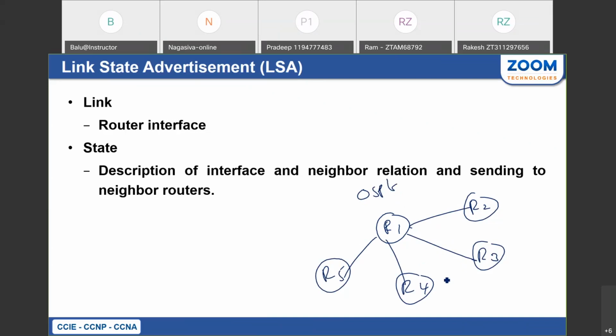What's the time now? 3 p.m. OSPF is configured between all routers, right? Okay. After some time, it's been 3:40 p.m. No changes in network topology.